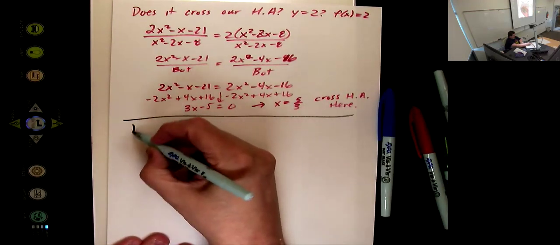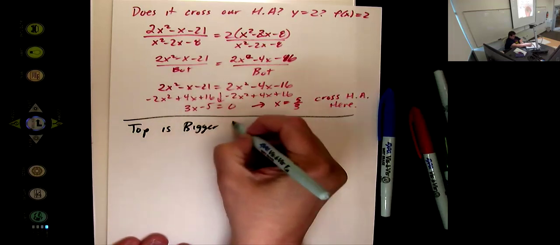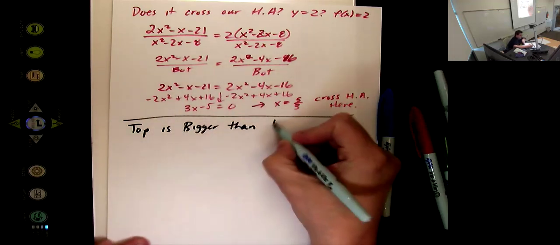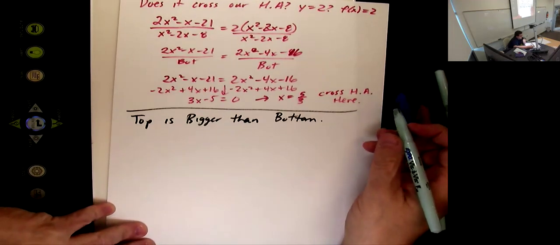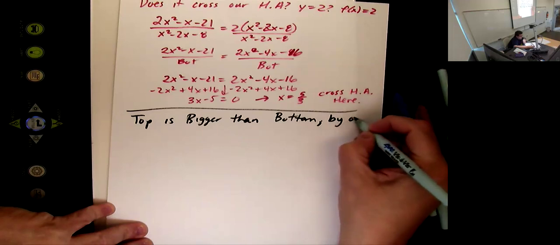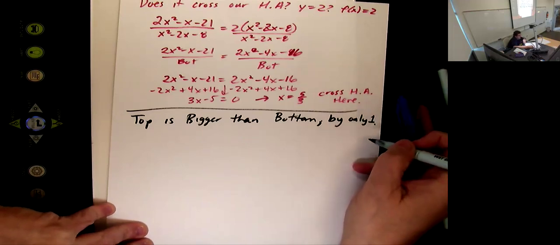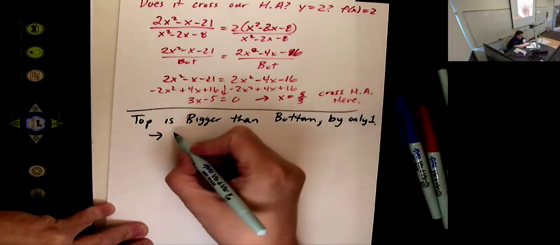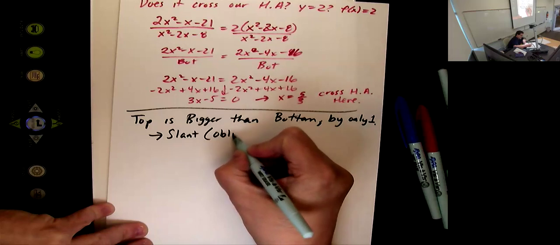When the top is bigger than the bottom by only one, this leads to something called the slant asymptote or oblique asymptote.